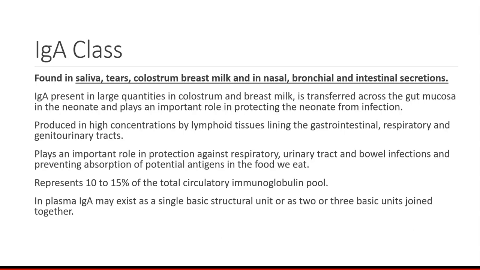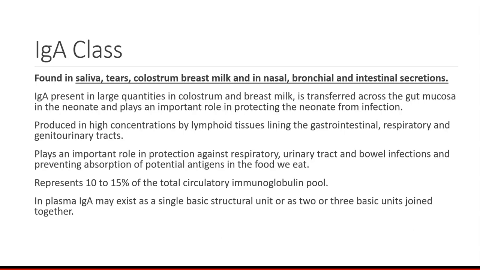It's produced in high concentrations by lymphoid tissues lining the GI, respiratory, and genitourinary tracts. It plays an important role in protection against respiratory, urinary tract, and bowel infections and preventing absorption of potential antigens in the food we eat.